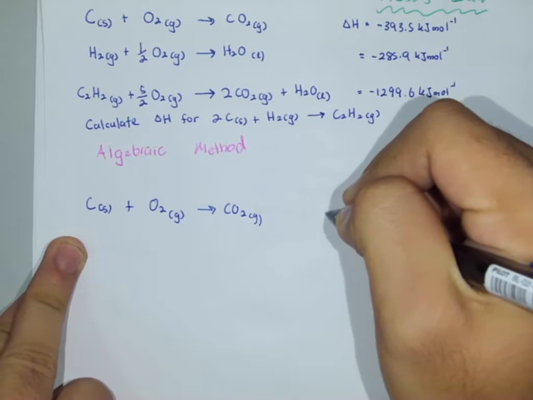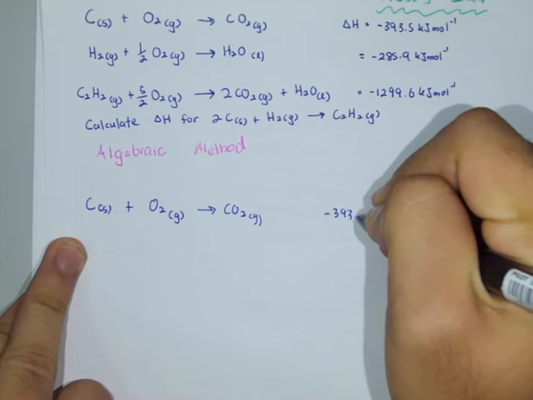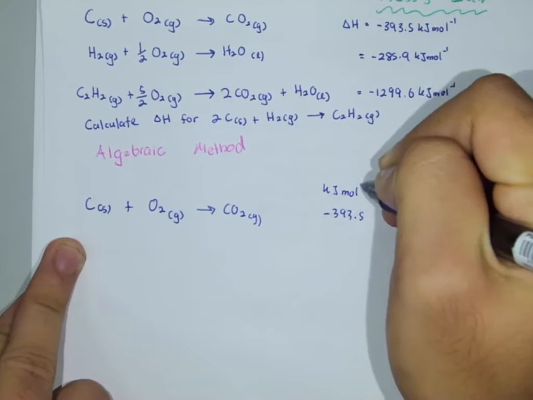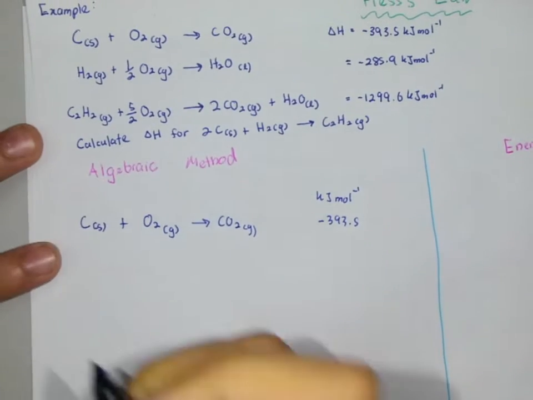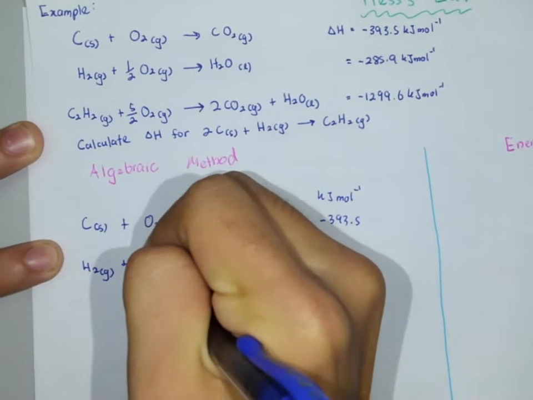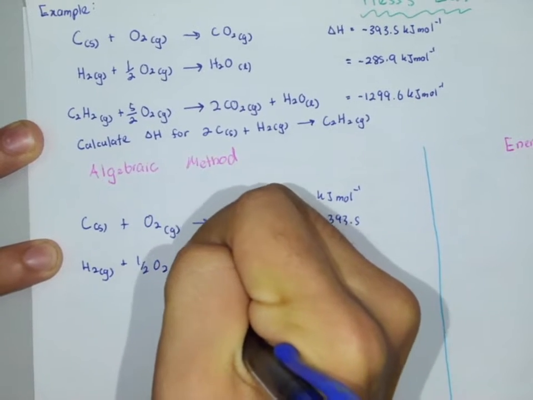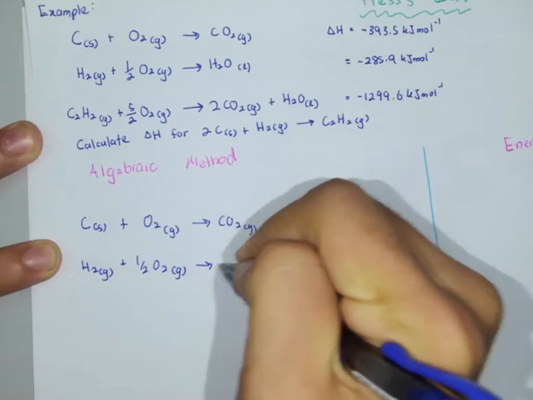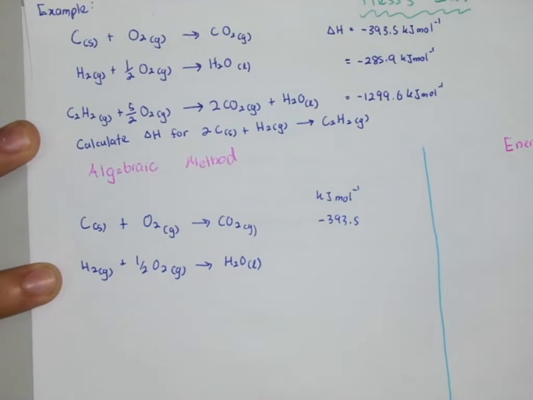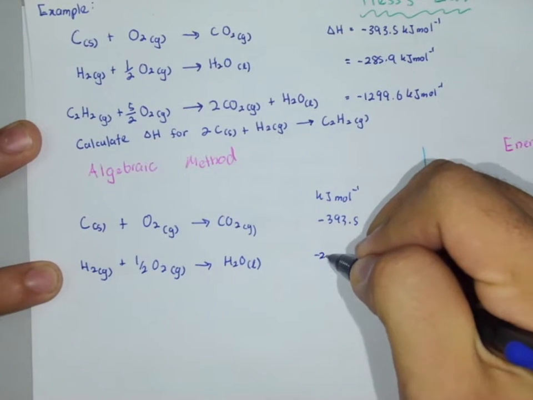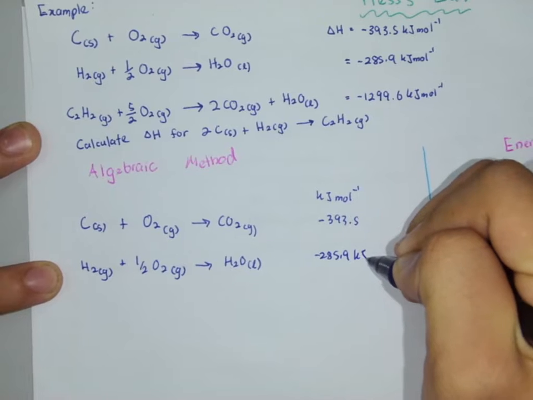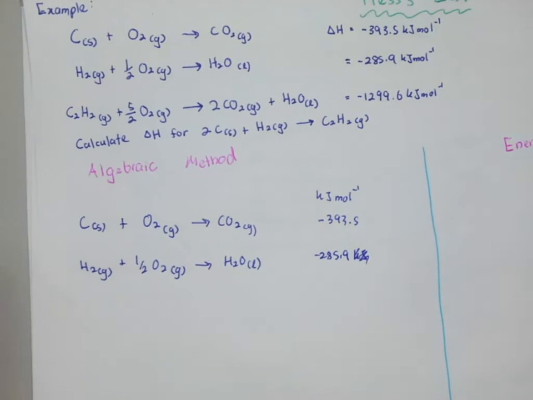So we get negative 393.5. Just put kilojoule per mole on top, easy. And then we have H2 gas plus half O2 gas becomes H2O liquid, negative 285.9 kilojoule. I write it there.